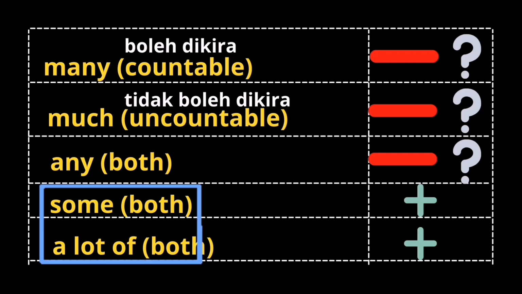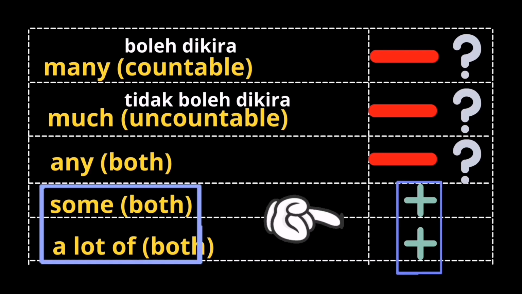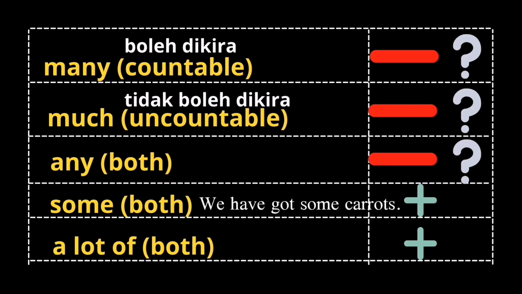For some and a lot of, we usually use them in affirmative sentences. Some dan a lot of biasa kita guna dalam ayat positif. For example, we have got some carrots, there are a lots of onions. Dalam kedua-dua ayat ini, kita tahu bahawa kita ada carrots dan kita ada banyak onions. Jadi kat situ menunjukkan ayat yang positif.